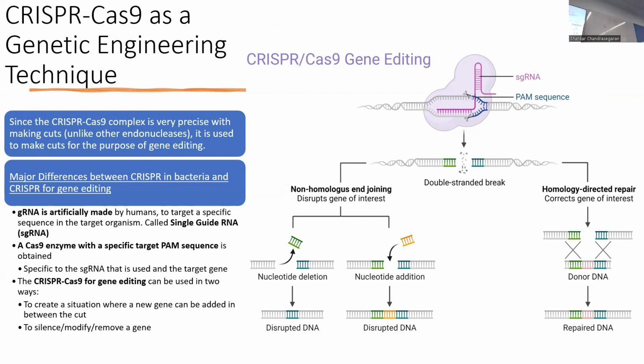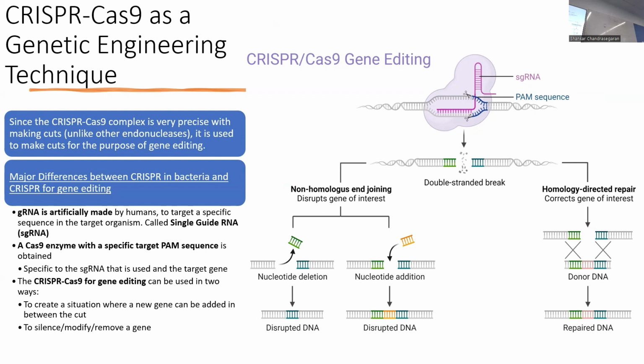If we're trying to edit a part of the gene, we need to account for the PAM sequence for that part and make sure that the Cas9 protein comes with that specific target PAM sequence. Another thing is that it is specific to the single guide RNA that is used and the target sequence.